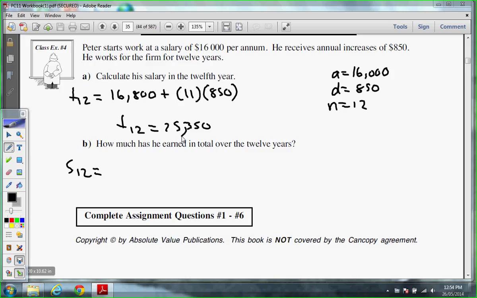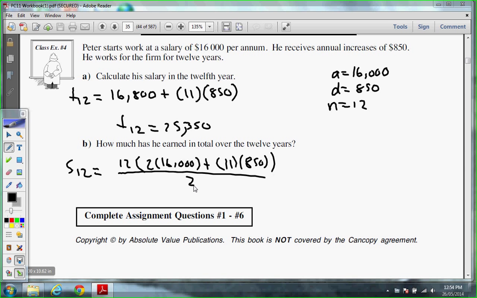For our series, we're going to use our first formula, since we have 3 of the 4. So we're going to go 12 times 2 times 16,000 plus 11 times 850, all over 2.